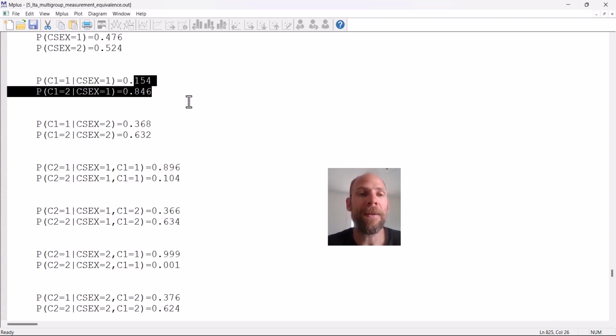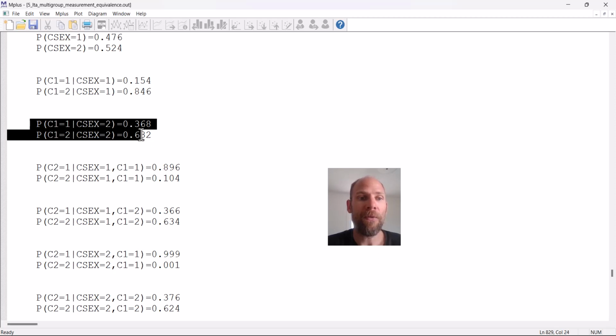So you can see that class 2 was much larger in group female than was class 1 at time 1. And then next we get the same probabilities for males. So for males at time 1, the probability of belonging to class 1 was 36.8%, so a little higher than the corresponding probability for females.